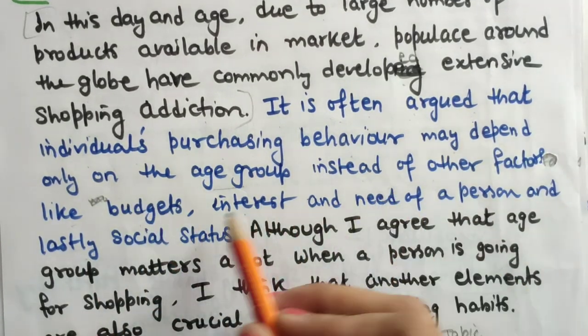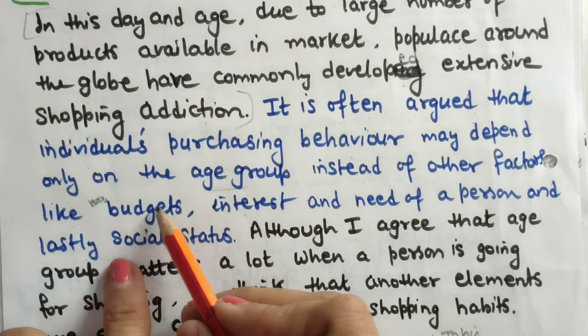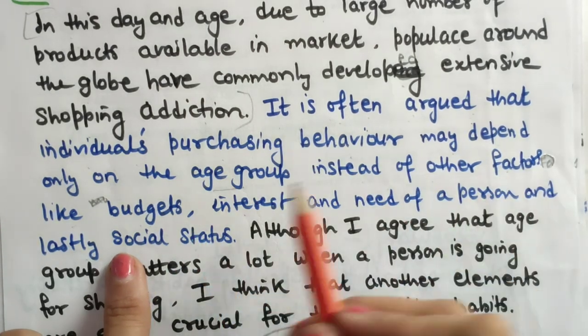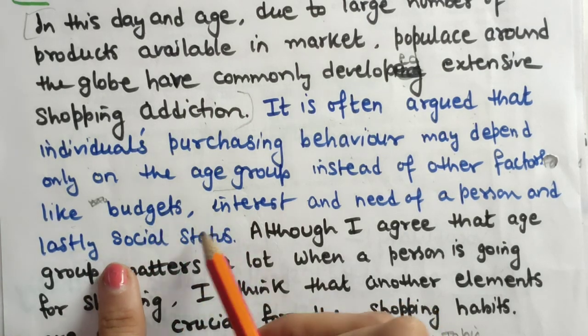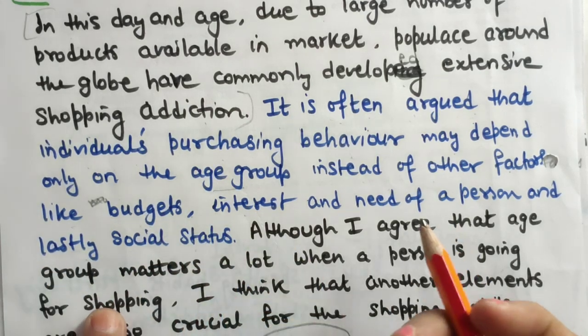Instead of shopping habits, I have written individuals' purchasing behavior. So these 4 points I have given as the other factors, which means the examiner will understand that I am going to explain these factors in the upcoming paragraphs.